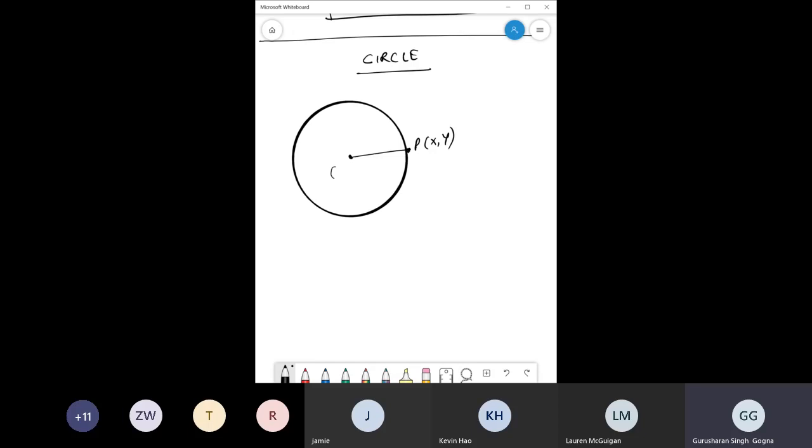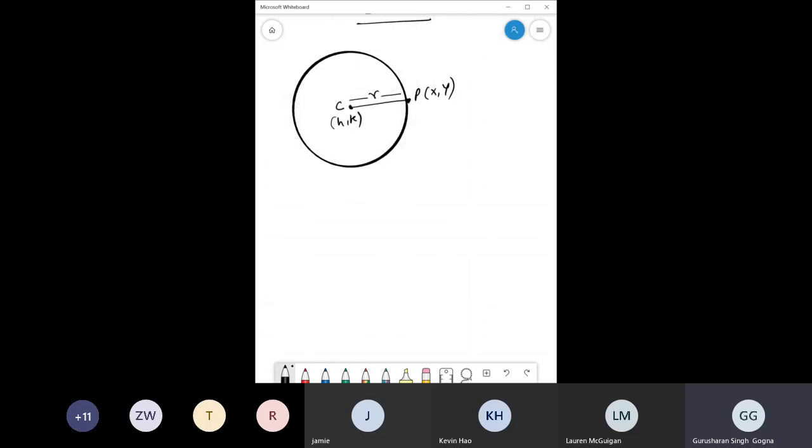This fixed point is called the center of the circle. Let's say the coordinates of the center is h comma k, and this fixed distance is called the radius of the circle.